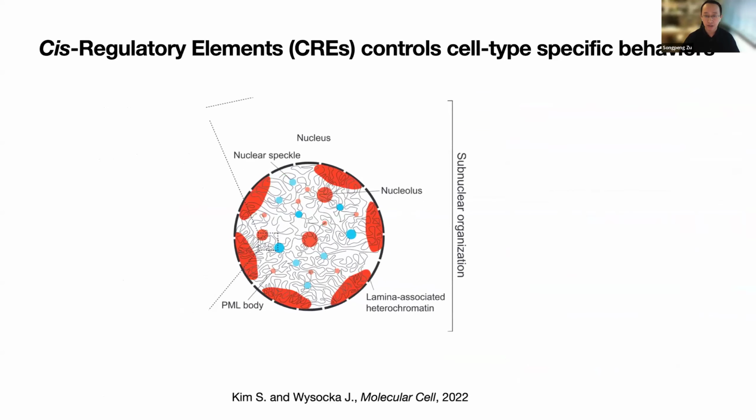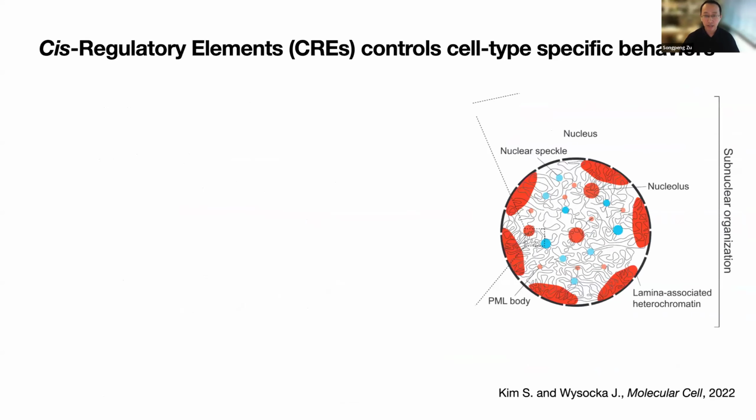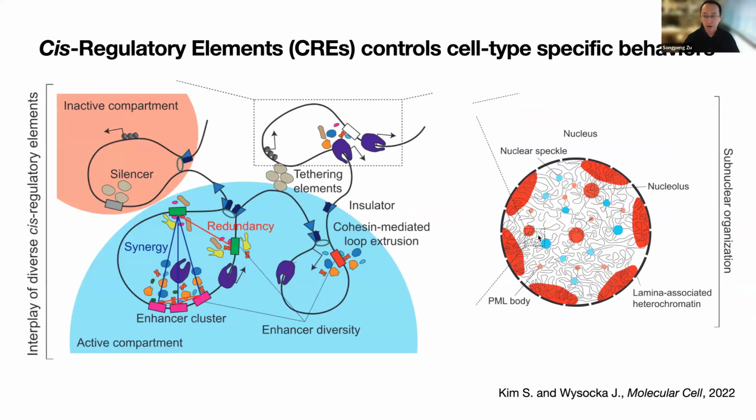If we go further to another level, we can see active compartments and inactive compartments. Cis-regulatory elements are those DNA elements in the genome that can be enhancers, repressors, insulators, or promoters.